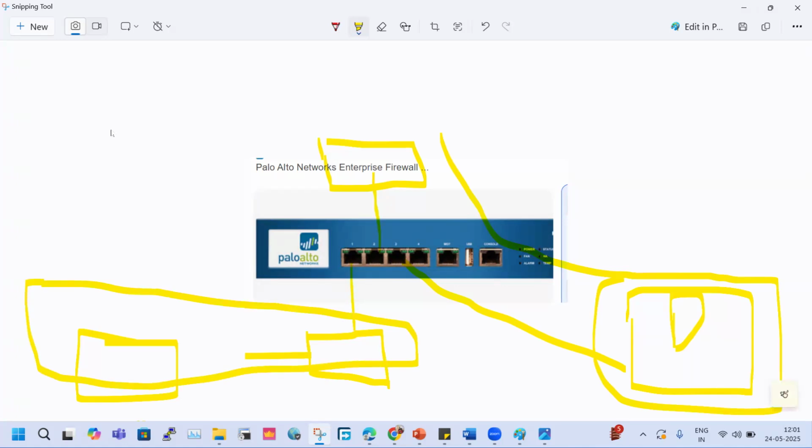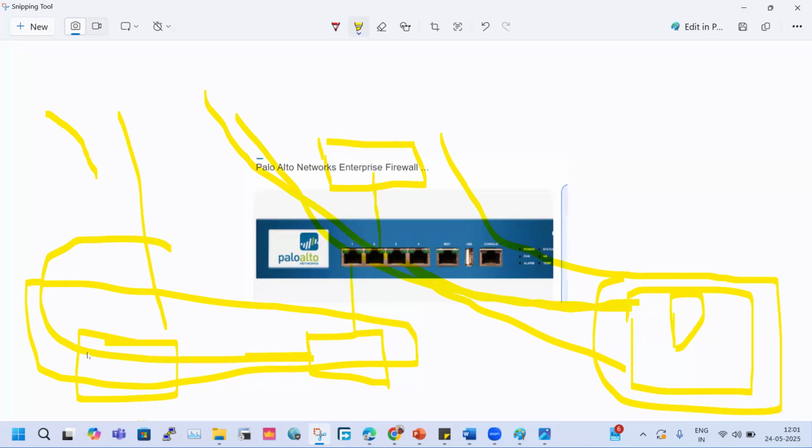We also have one more security concern here: we never permit anyone from the internet to get into our inside network. If anyone is coming from the internet and trying to access our public server, we have a dedicated zone for them, so their traffic will be routed to that zone directly. So our LAN will be protected and will not be hampered if there is any issue with the demilitarized zone.